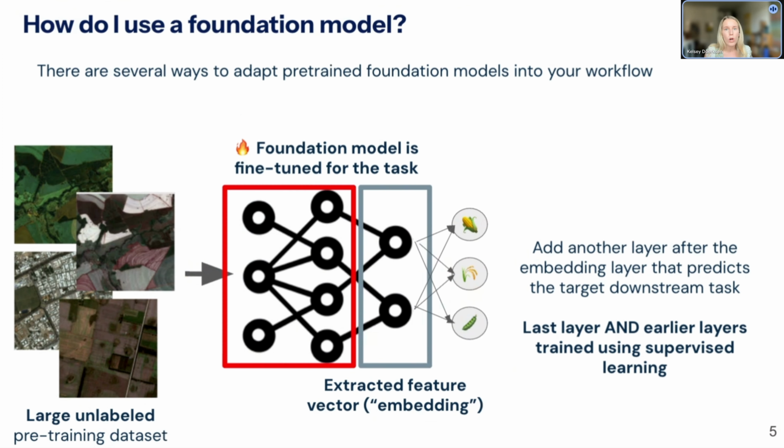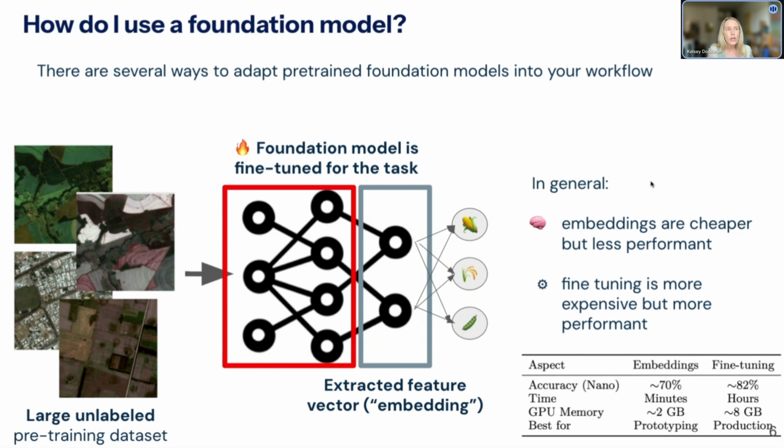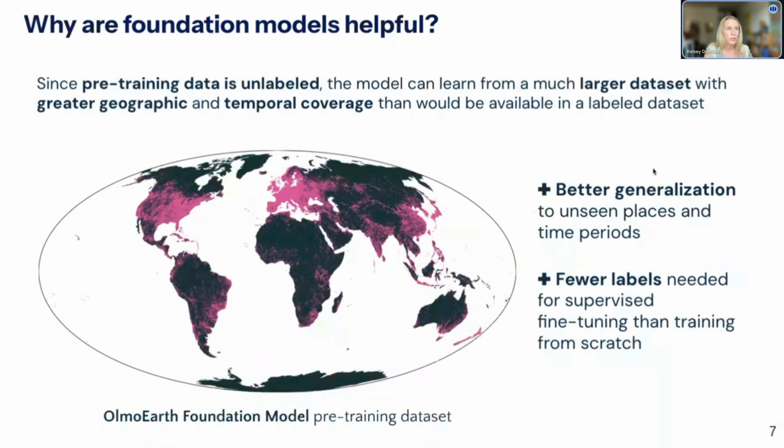This is more computationally intensive, but if you have a larger data set to fine tune your model with, that's another option. In general, the TLDR is that embeddings are cheaper but generally less performant, whereas fine-tuning is more expensive, but you can get a little bit more juice out of these types of models.